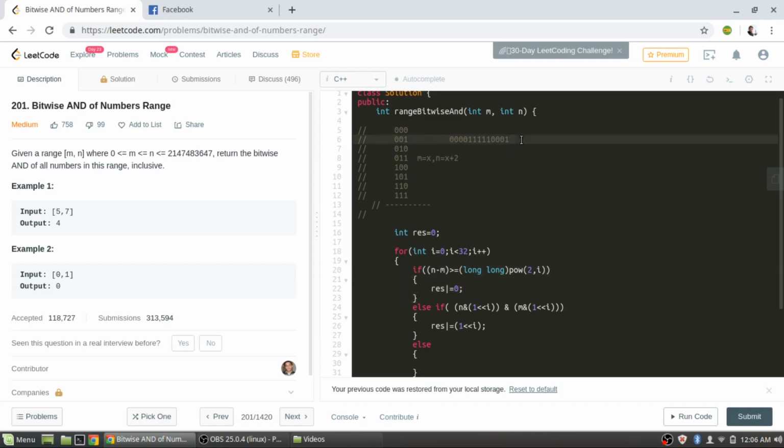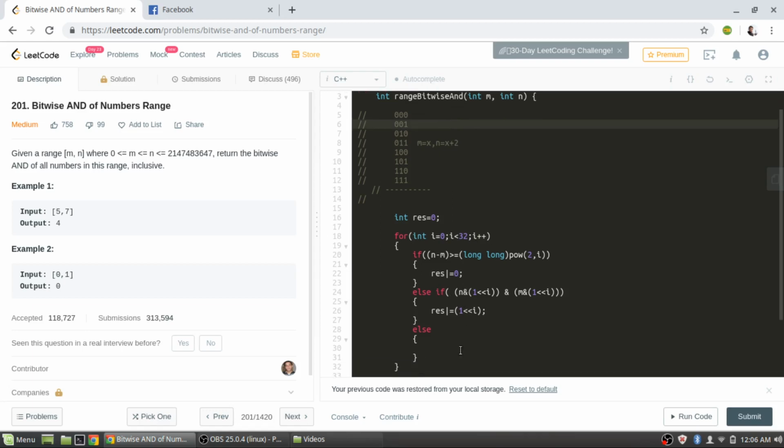And what are all 3 cases? n and m can lie in the 1st block, or n and m can lie in the 0th block, and the third case would be n lies in the 1st block and m lies in the 0th block.